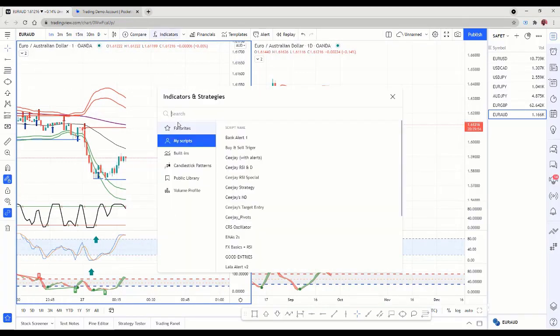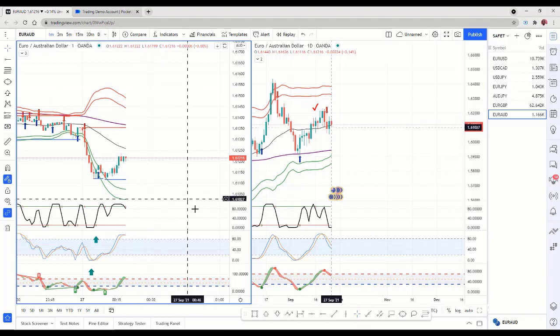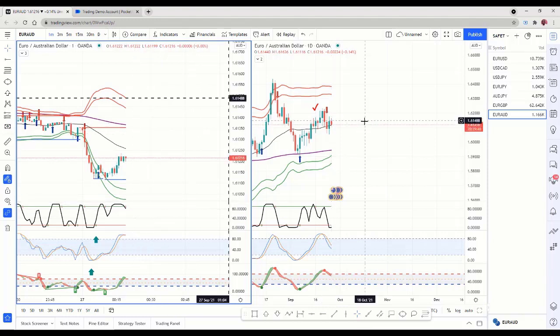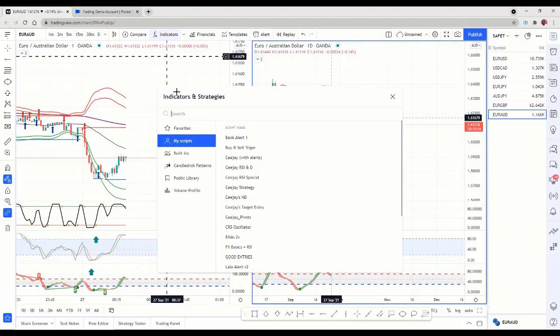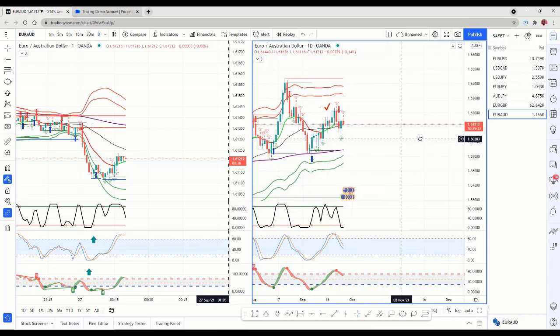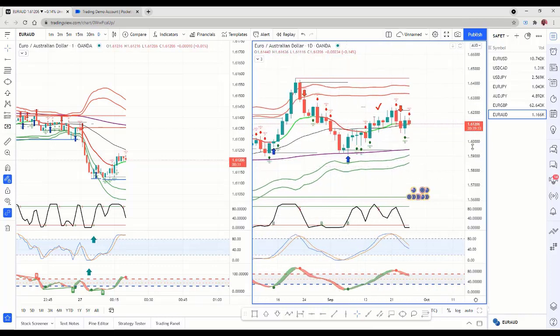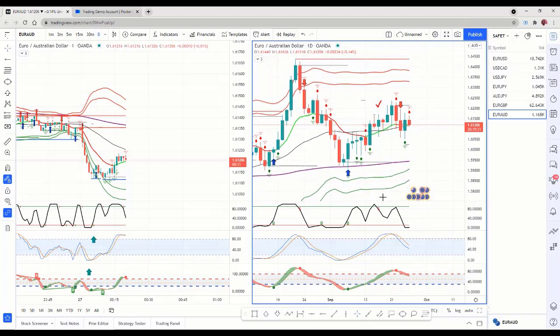These are indicators that I made favorite. Call it sniper entry. You see when the sniper entry told me to buy here, and it bought.